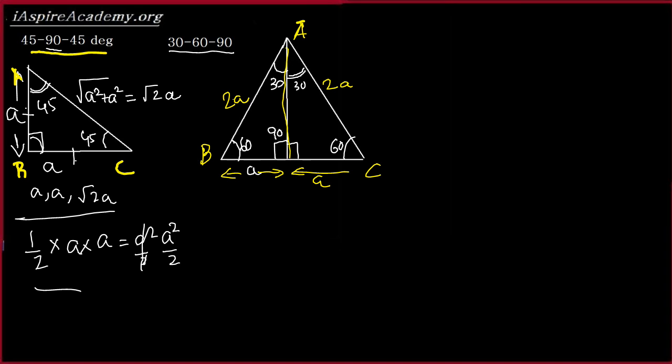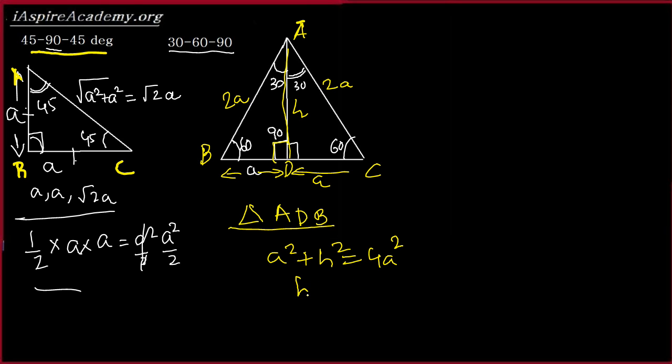If you look at triangle ADB and apply the Pythagorean theorem, because this is a 90 degree angle, we get A square plus, let's say this is H square, equal to 2A square, which is 4A square.